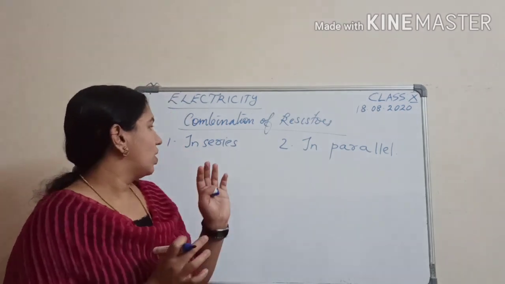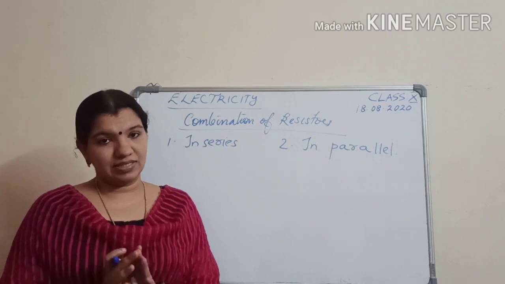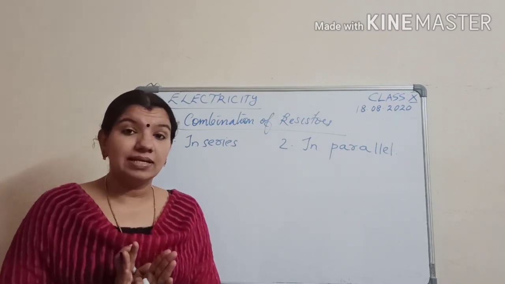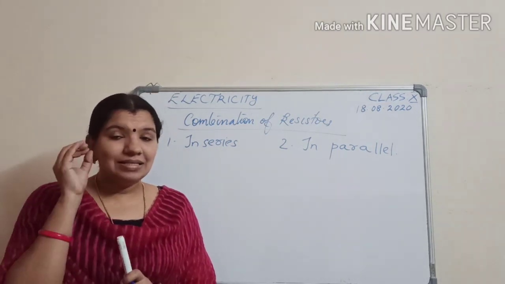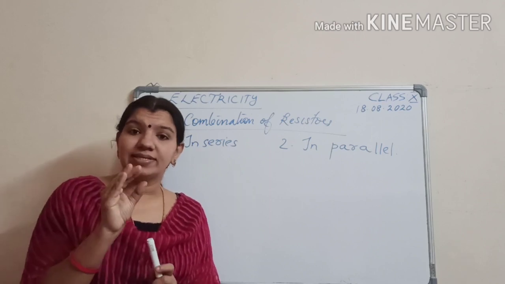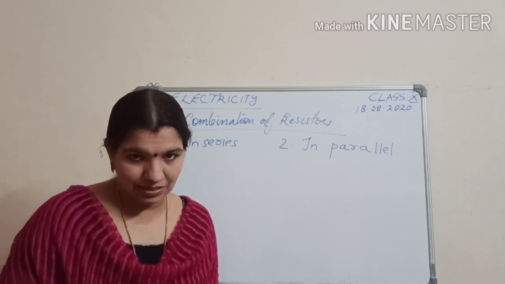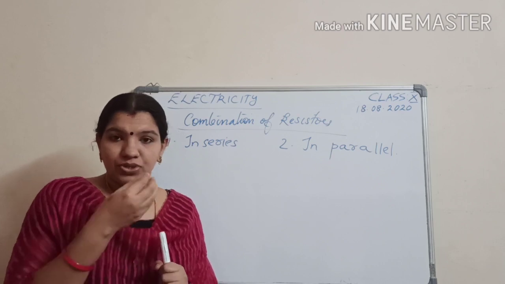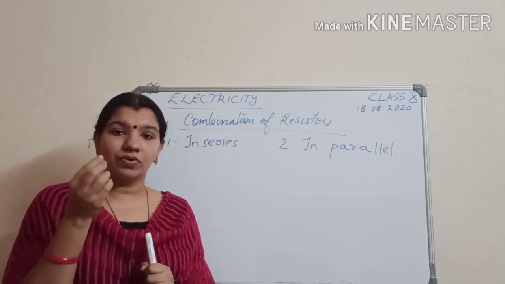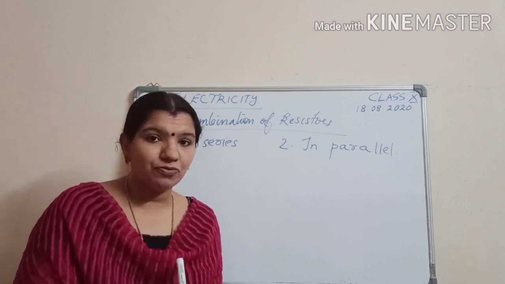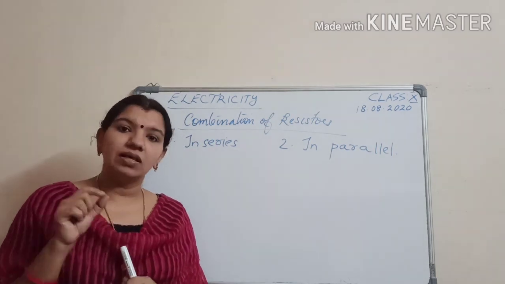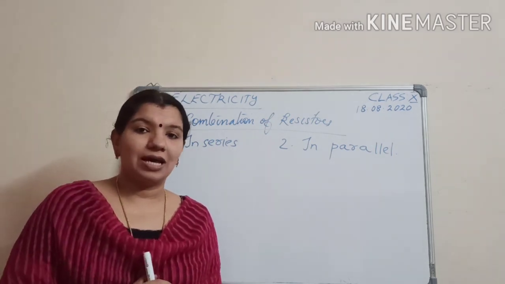So, first one, in series. What do you mean by series connection? You already studied the symbol for resistance. We are not drawing the exact picture of the resistor. We are using the circuit symbol for resistance.